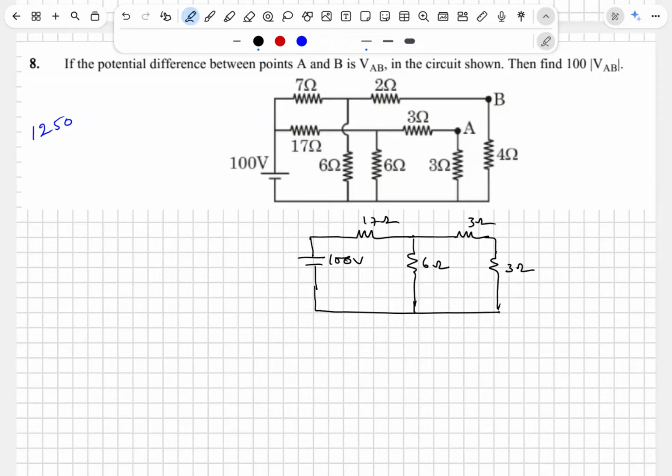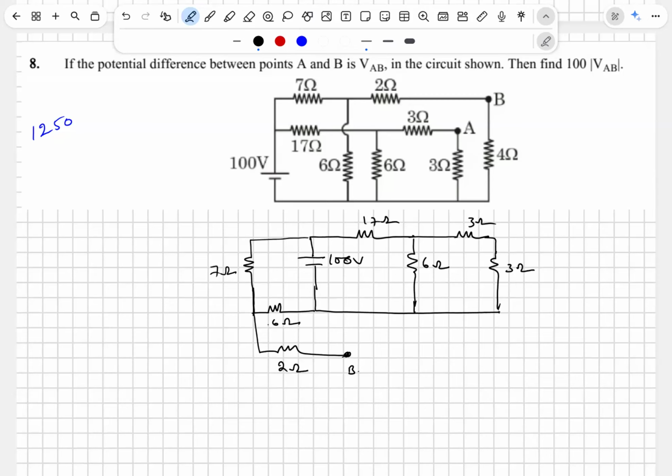Right. Next. 7 ohm. This junction, 6 ohm, 7 ohm, 6 ohm, 2 ohm.